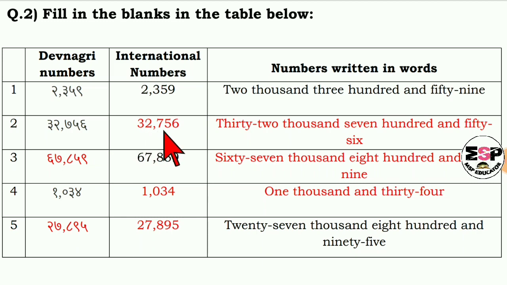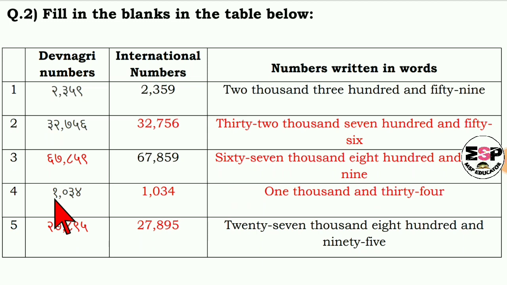So it will be 32756. How to read it and write it? 32,756. Third example, the number is given to you in international number and it is 67859. Convert it into the Marathi number. 67859. 67,859. Understand?